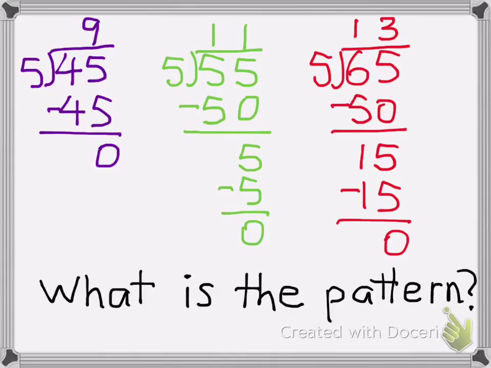What happens when we add 10 or more to the dividend? First, we can try the number 45 divided by 5. Using our multiplication facts, we find 9 times 5 is 45, which leaves us the remainder 0. Then we move on to 10 greater than 45, 55. This is not a multiplication fact, but we know that 11 times 5 is 55.